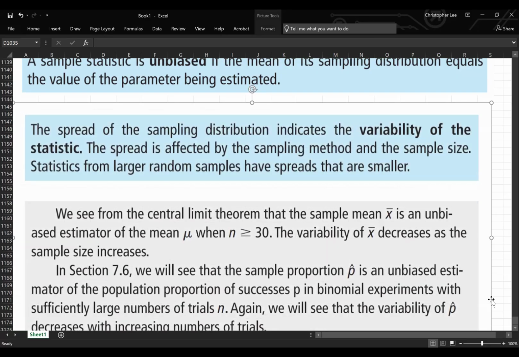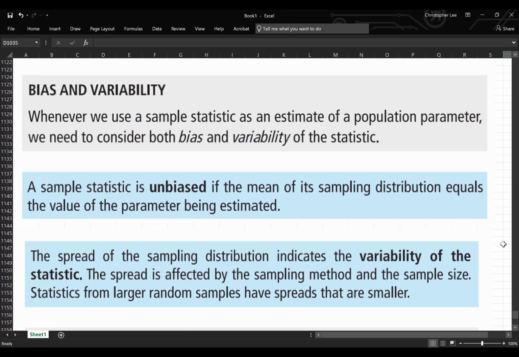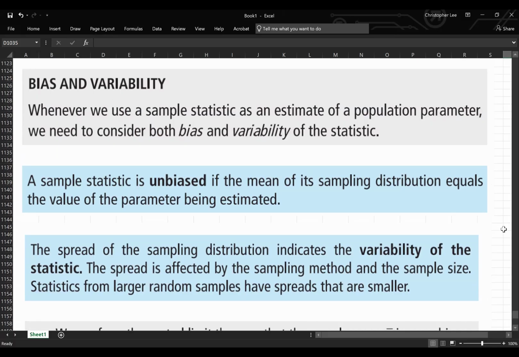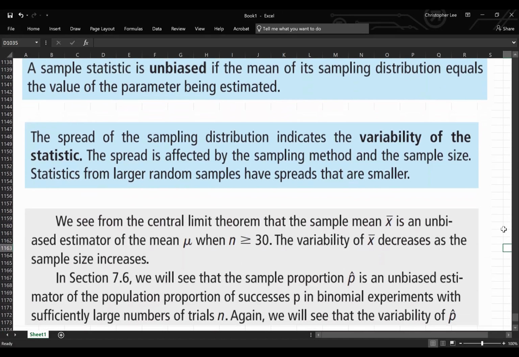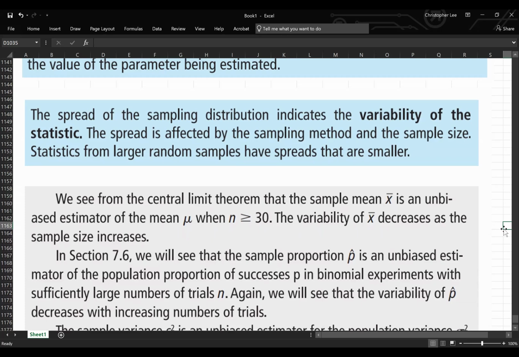All right. So the spread of the sampling distribution indicates the variability of the statistic. The spread is affected by the sampling method and the sample size. Statistics from larger random samples have smaller spreads. So we see from the central limit theorem that the sample mean X bar is an unbiased estimator of the mean mu when N is greater than or equal to 30. The variability of X bar decreases as the sample size increases.